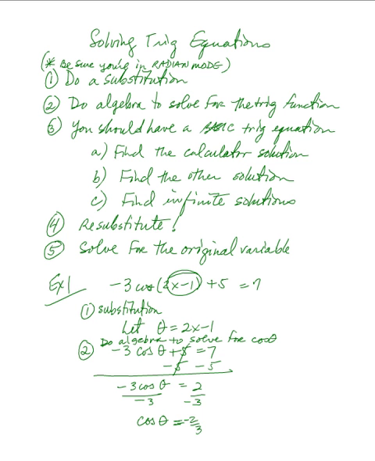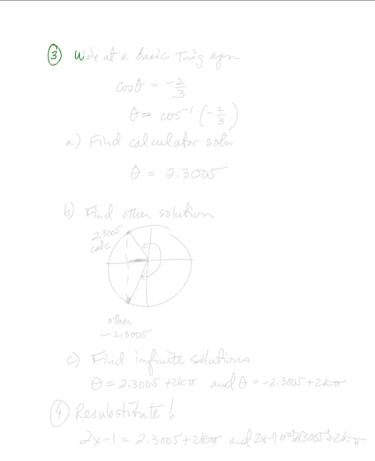Now I'm at basically step 3 where I have a basic trig equation. So that's kind of nice. Let's go ahead and find our calculator solution. So here we're at a basic trig equation with cosine theta equal to negative 2/3. That's what we're solving.